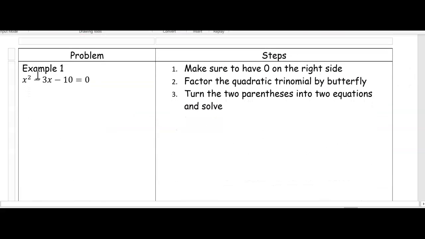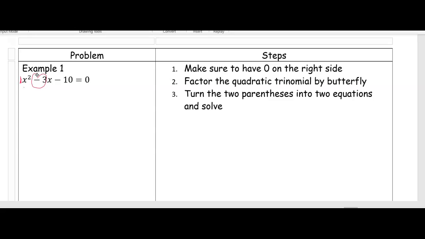And let's look at the examples. Okay? The first example, you have a quadratic equation, and to solve it, we're going to factor it. So how are we going to factor it? We're going to look at the first number and the last number in order to get the middle number, which is -3. Okay? So the first number is the implied one.